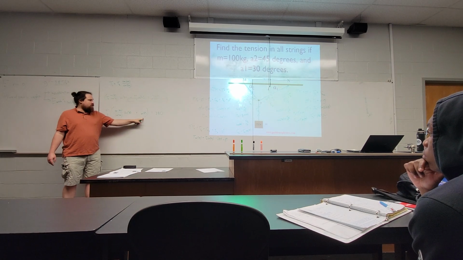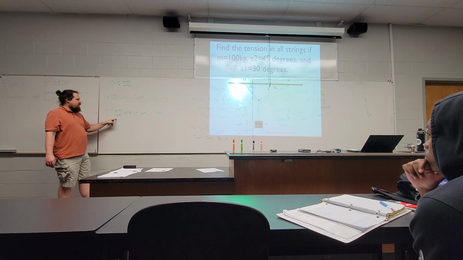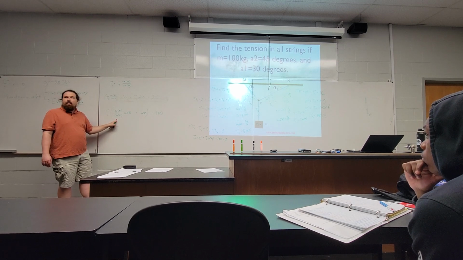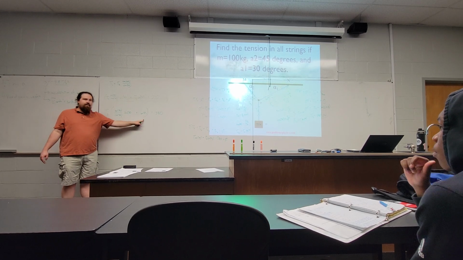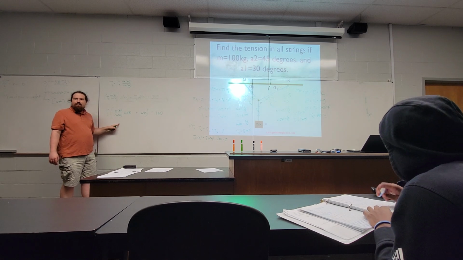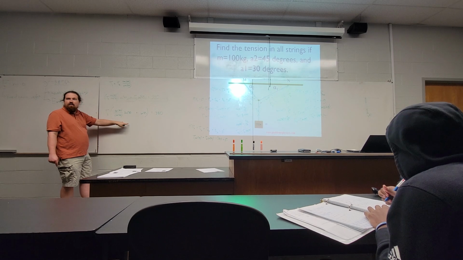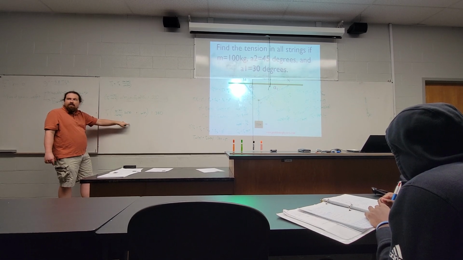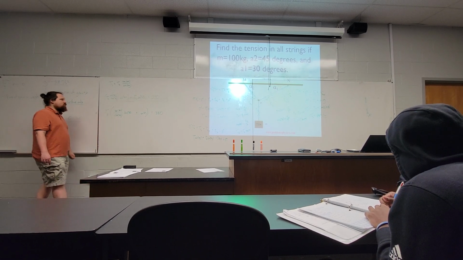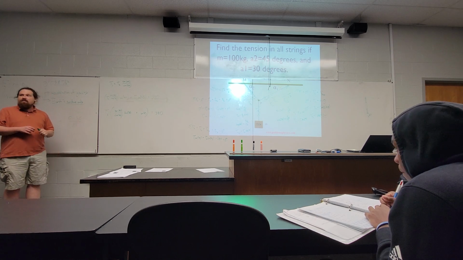Which looks ugly, but this can be solved for just a number. We know everything inside of this big parentheses now. Does anyone have any questions with how I jumped from here to here? Just distributing the T2 out and leaving behind all the trig that it was attached to.